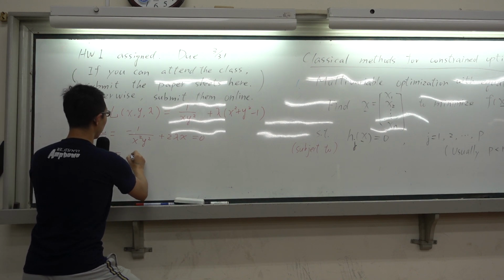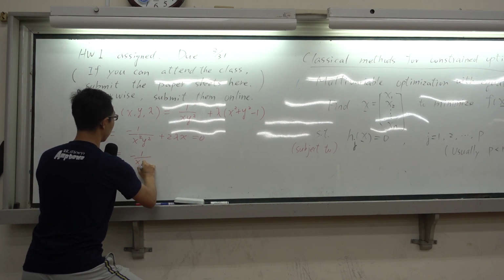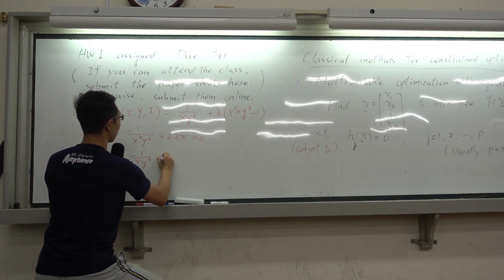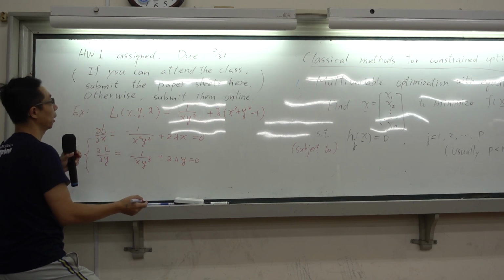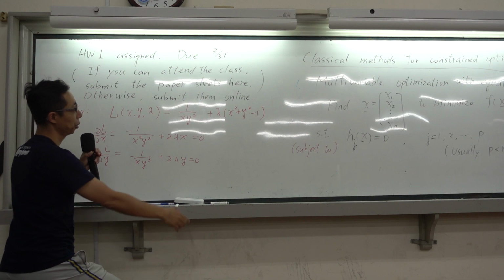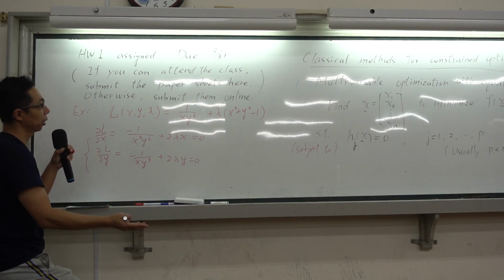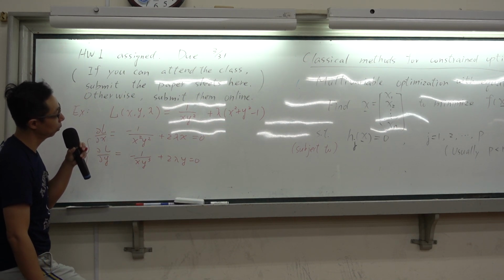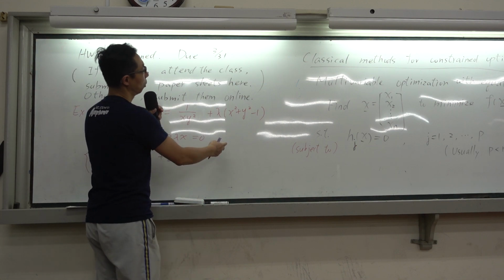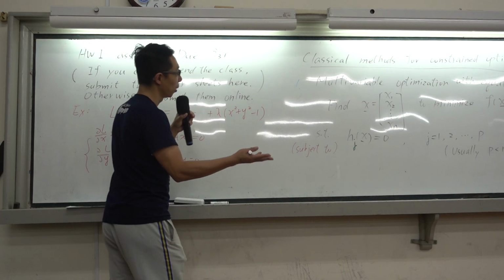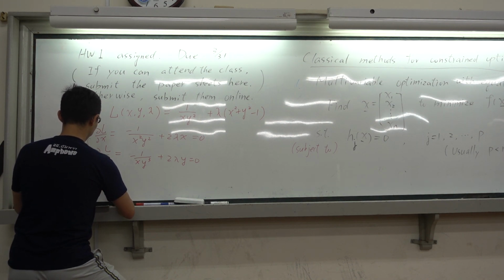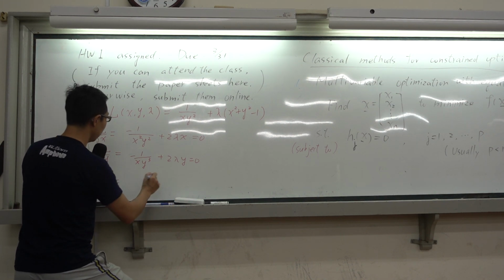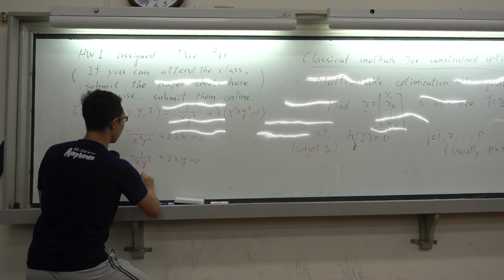Then take the partial derivative with respect to y. And take the partial derivative with respect to lambda. When we take the partial derivative with respect to lambda, what we have is just the constraint.